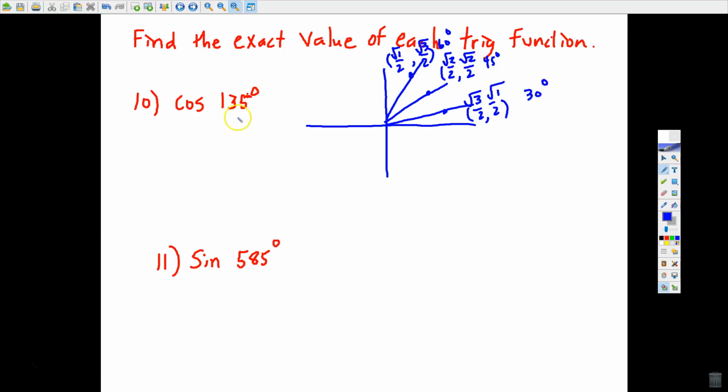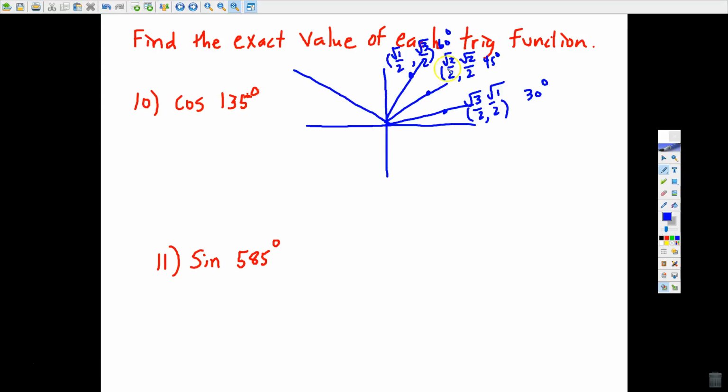Okay, so cosine 135. Well, 135 is 90 plus 45. So it's like this angle. If you're looking at the unit circle, it's the 135 degree angle. But if you're doing reference angles, it's the 45 degree in quadrant 2. So just look at our 45 degree angle.